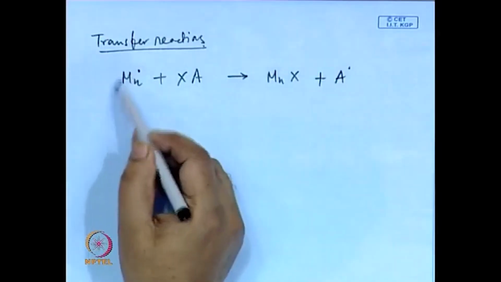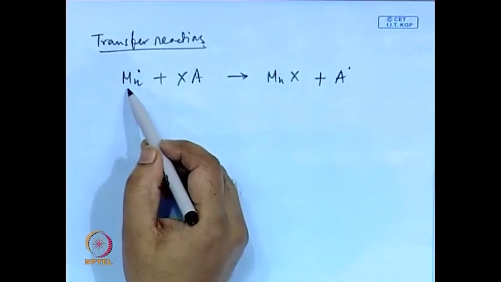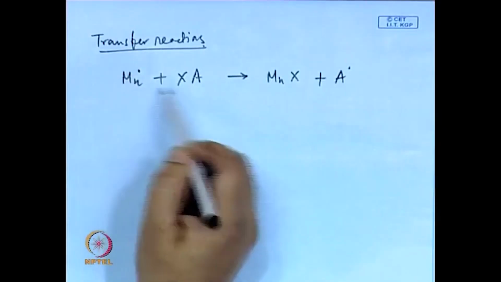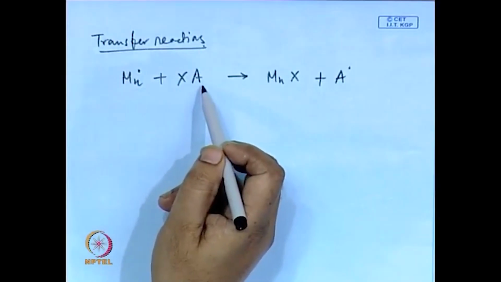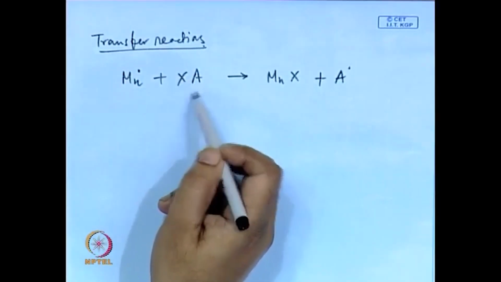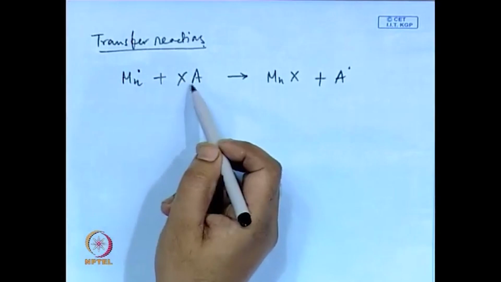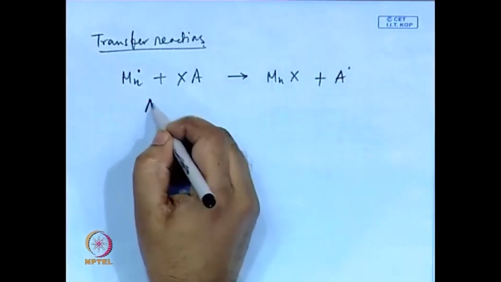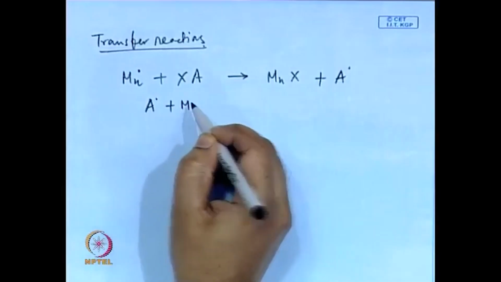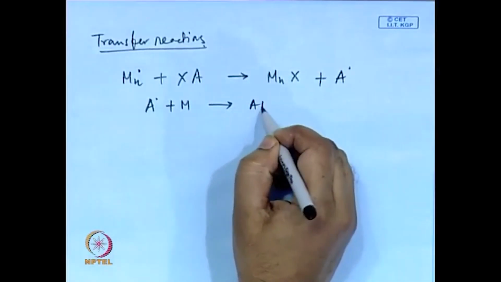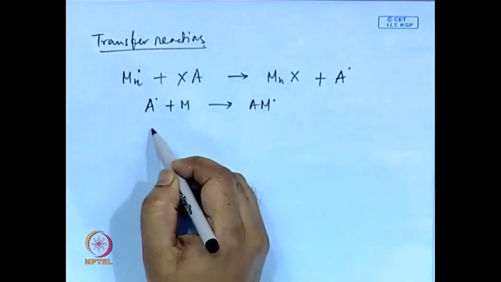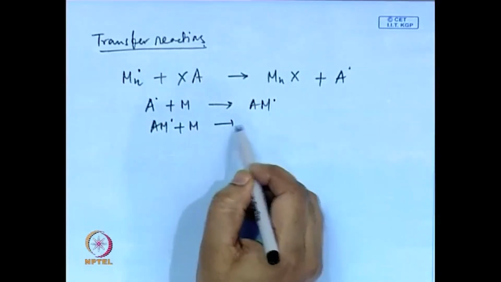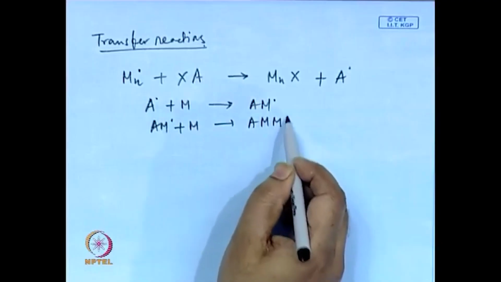Here, one kinetic chain which was supposed to continue is getting broken by reacting with XA and forming a new radical. Now, this new radical can initiate another chain like this. Okay.